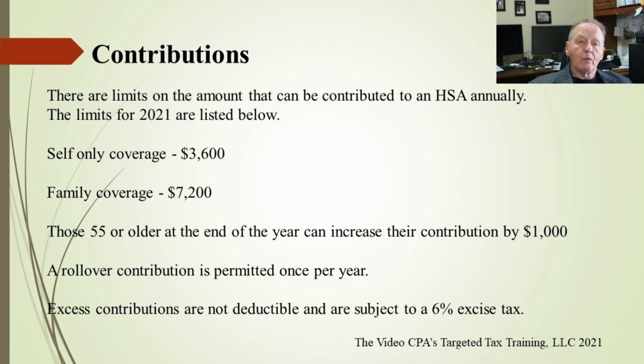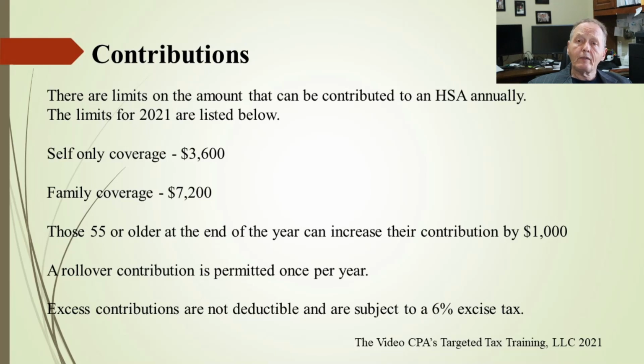So be aware, family coverage is $7,200, and those are to cover healthcare expenditures for that year and going forward. So you don't have to spend all that in a given year, but this money can be left in this plan for as long as you want it to.